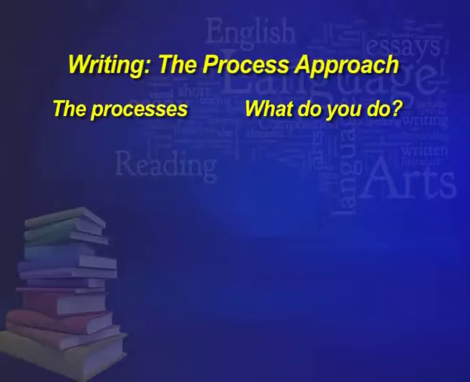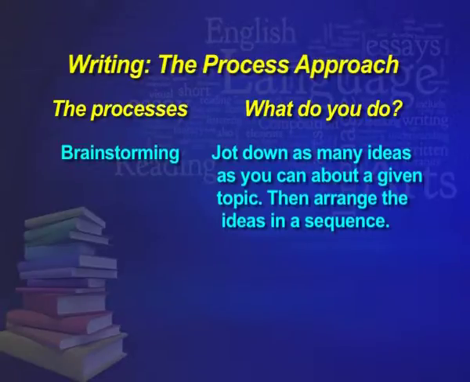The first thing you do as a writer is brainstorming. What do you do in brainstorming? You jot down as many ideas as you can about the given topic, then arrange the ideas in a sequence.